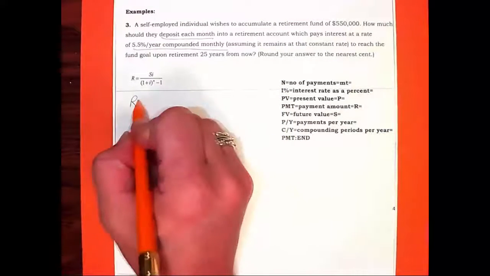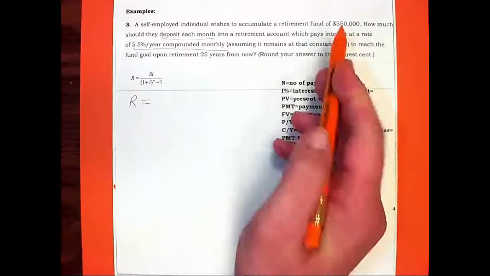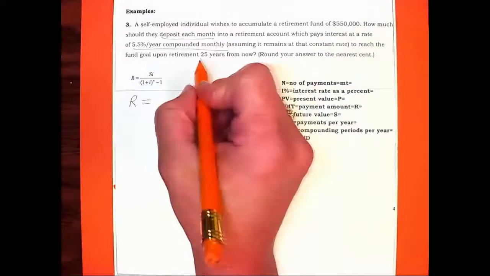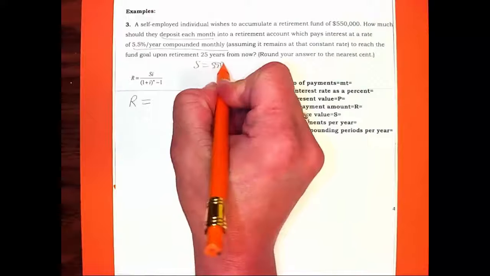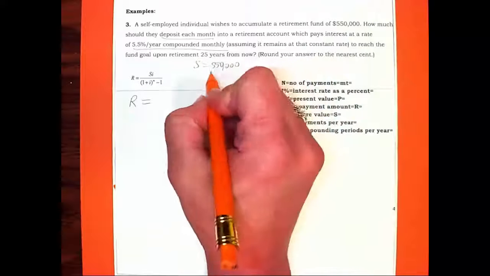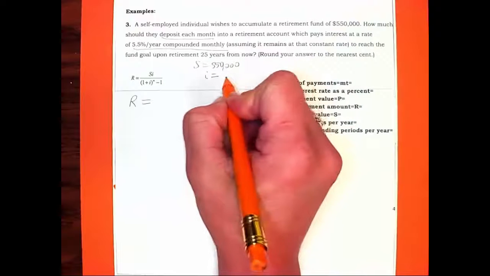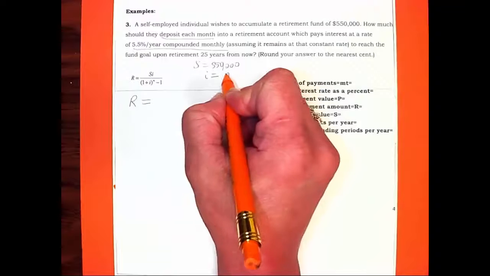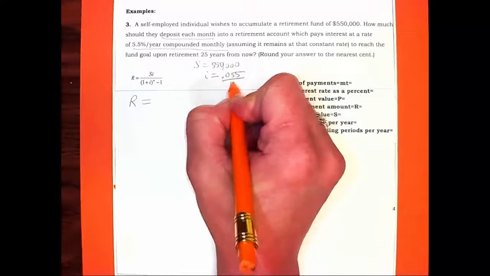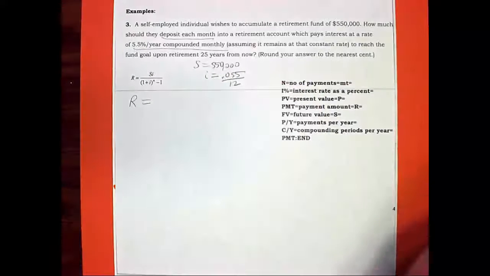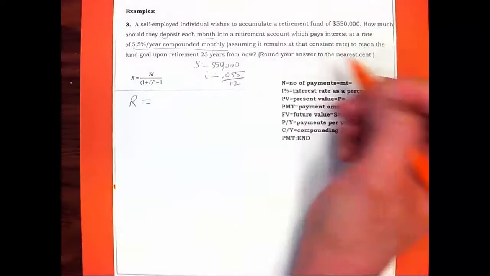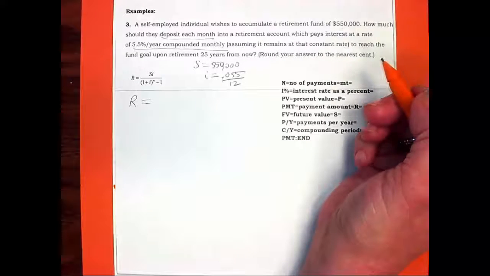Of course, I'm going to show you both. So the sum that we wish to meet is the 550,000, so S is 550,000. And I, of course, is R over M, so we'll have 0.055, and this is compounded monthly. And how many years have we got here? 25.